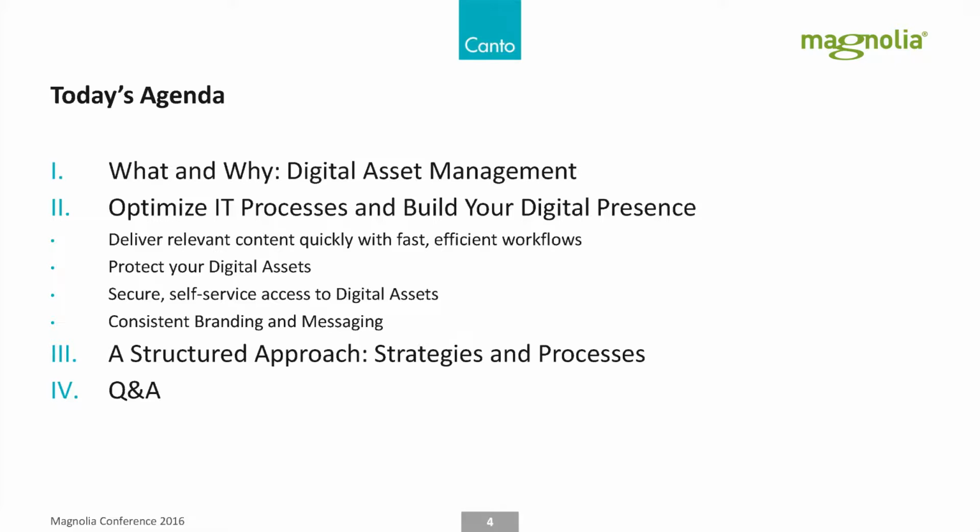So you need to have really efficient workflows, especially in social media. It is extremely important that you have the collateral at hand when you need it. You also have to protect your digital assets in terms of license rights and all that, and have them always accessible. You want to have a secure and self-service portal so that all your partners can access the assets without problems. And in the end, you want a consistent branding and messaging.